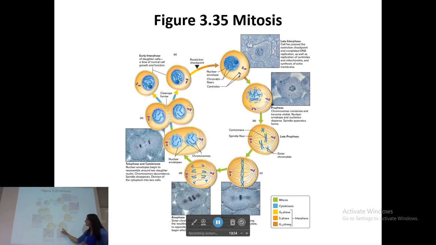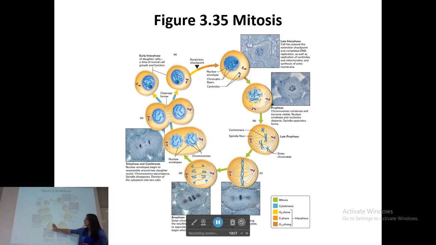And then here's that metaphase plate, that straight line, where each side of the chromosome is attached to a fiber. And then here in anaphase, you see that the chromosome has been pulled apart, and this side is being pulled over here, and that side is being pulled over there.